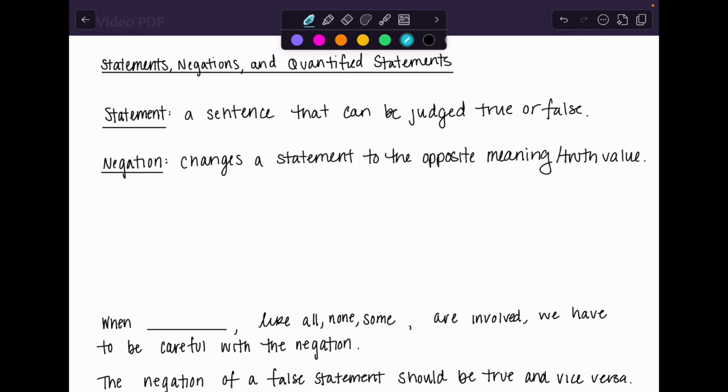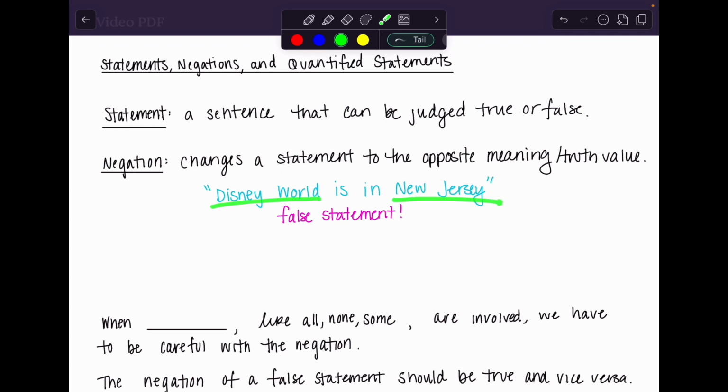So to give you an example, if I make the statement, Disney World is in New Jersey. Okay. This we definitely know is a false statement. So when I think of the negation, I don't want to change the subject matter. I should not be changing Disney World. I should not be changing New Jersey. But I need to turn this to something that is true.